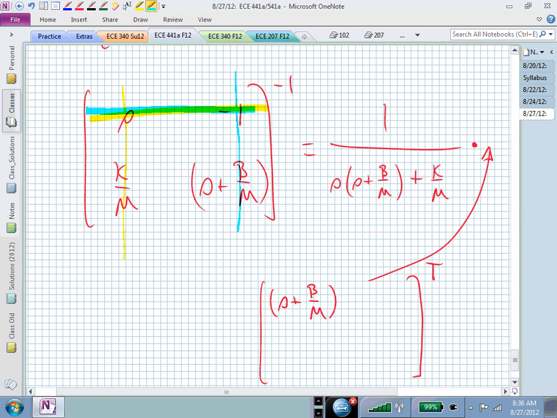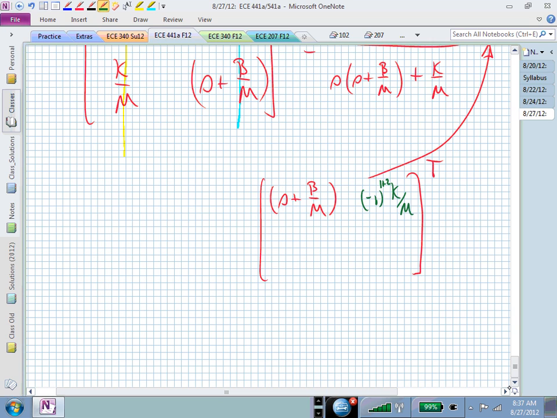In this case, if you can follow all my highlighting, all I have left is this k over m, and I need to multiply it by -1 raised to the 1 plus 2 power, which will be -1 cubed, so it keeps that -1 there.